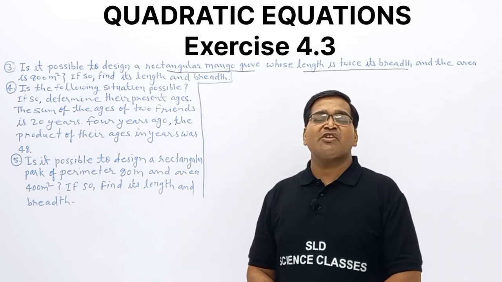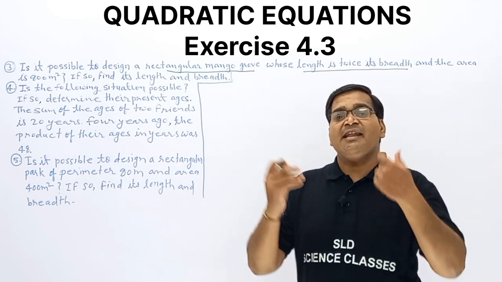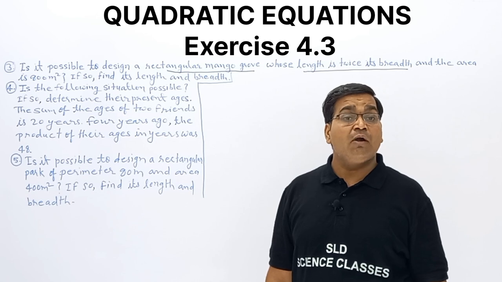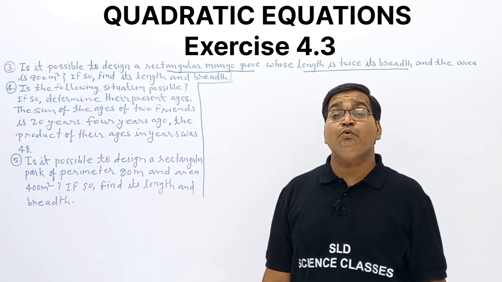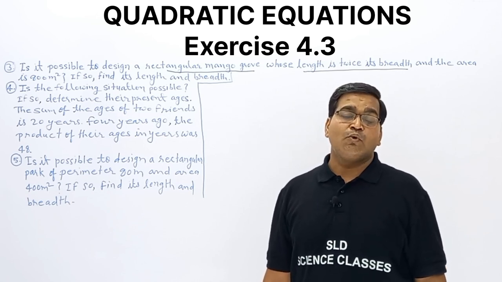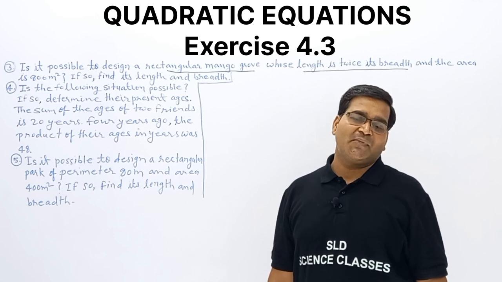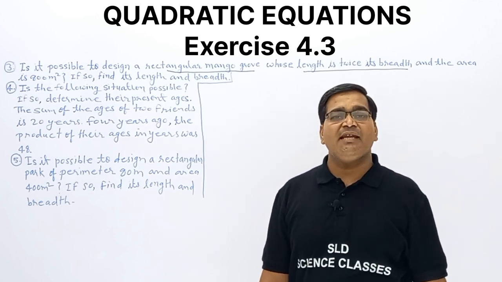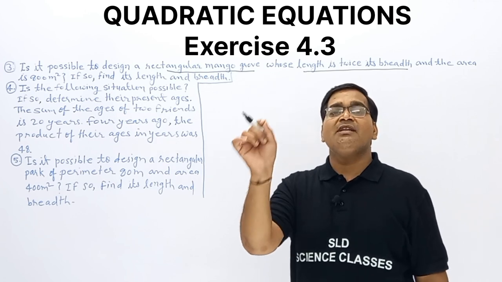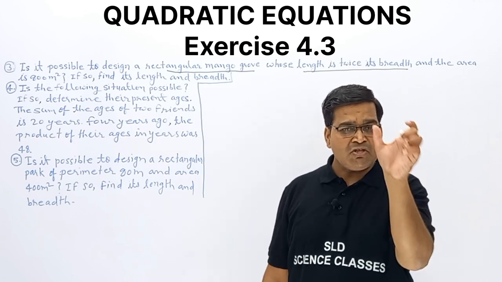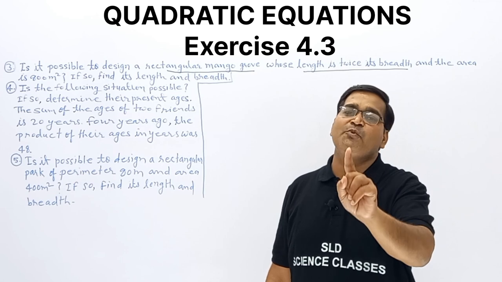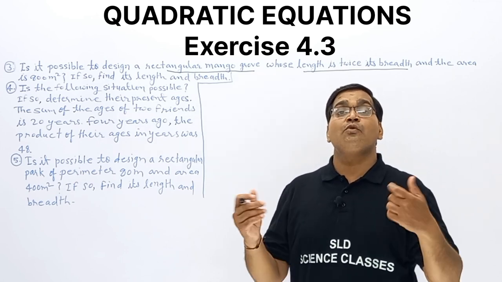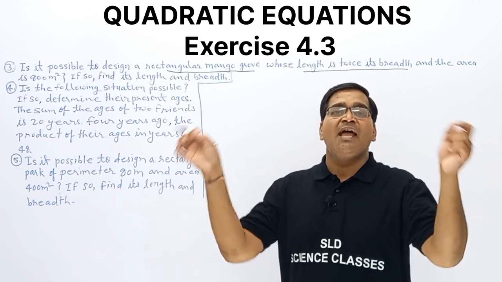If b square minus 4ac is greater than 0, then what sort of roots do we get? 2 distinct real roots. If the discriminant value equals 0, then we get 2 real equal roots. But if the discriminant value b square minus 4ac is less than 0, negative, then no real roots exist.